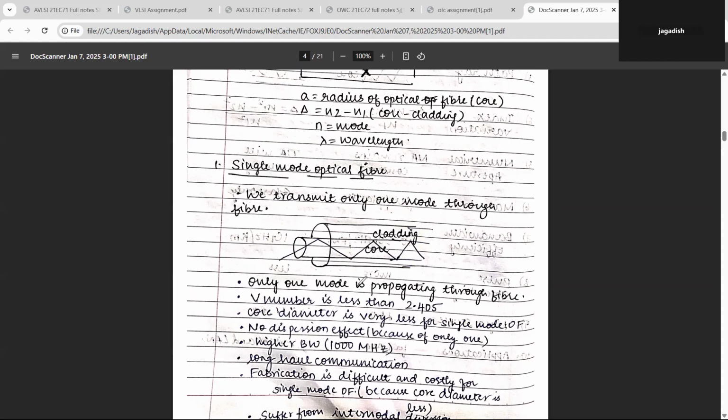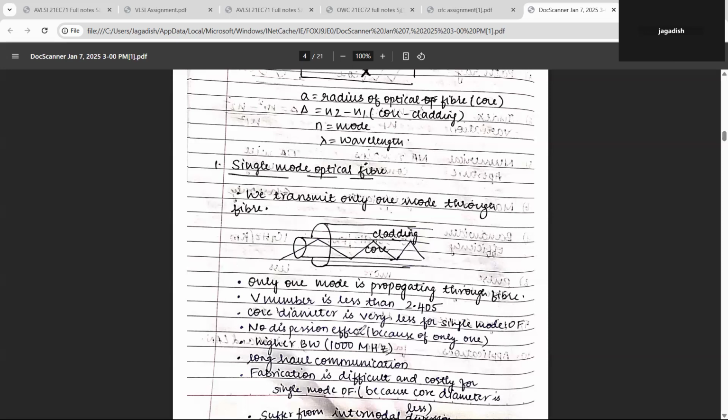Core diameter is very less. Core diameter will be very small, and you have to show this in the diagram. You have to show that in the single mode optical fiber the core diameter is very less, whereas the cladding will be more.